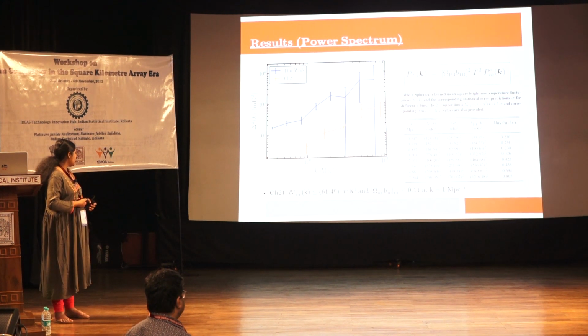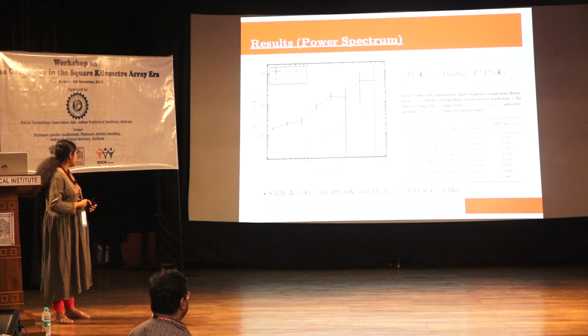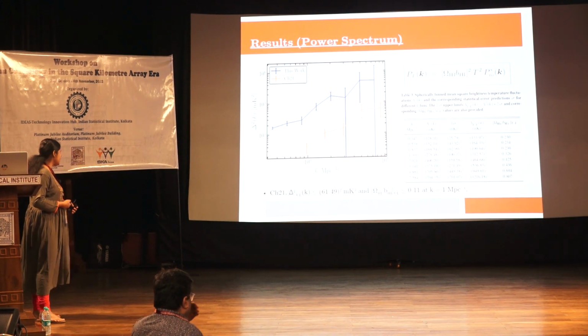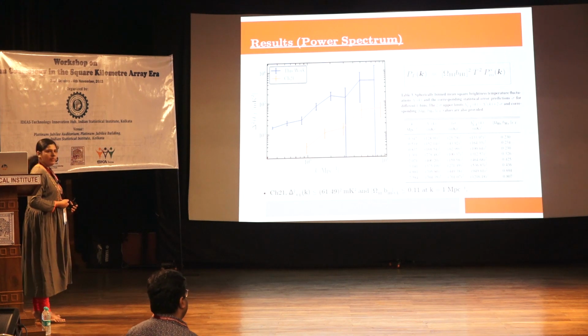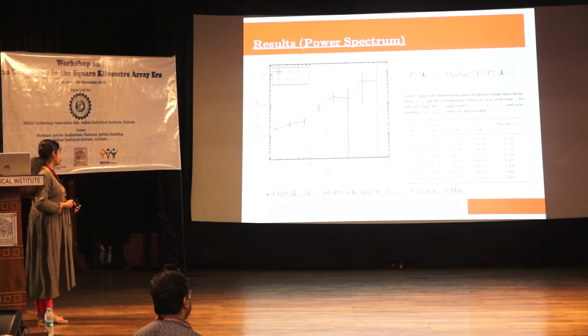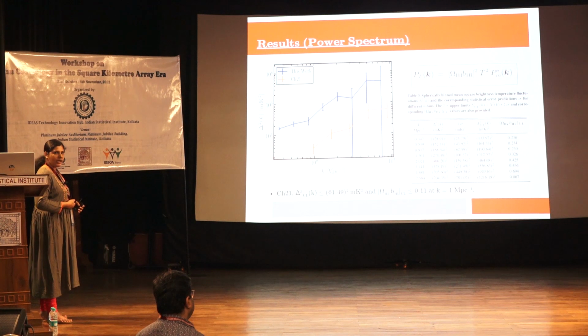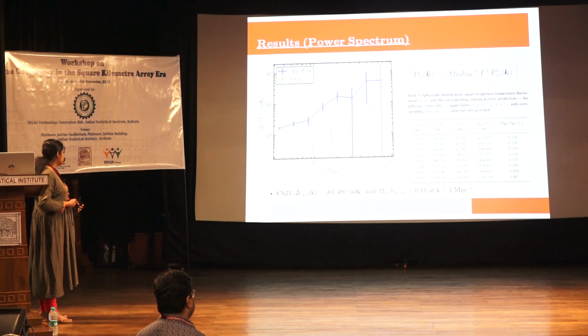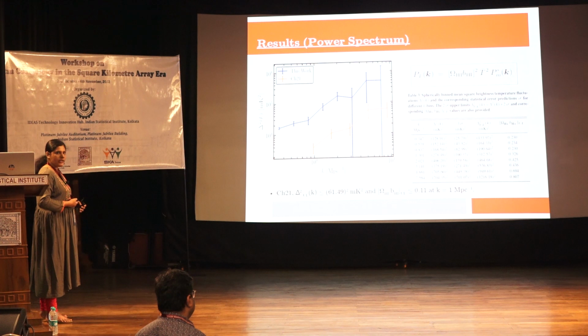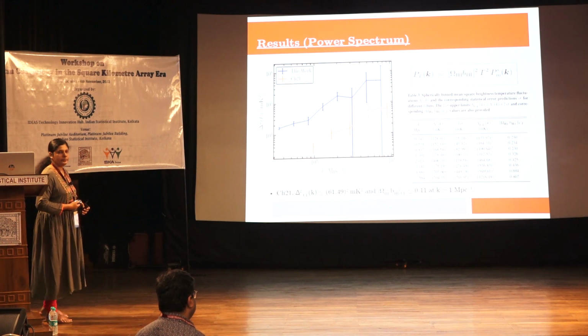What we understand is that they used around 8 megahertz of bandwidth, but we are using 24.4 megahertz of bandwidth. Because of this, where the baseline density is higher, we see that the error bars are lower. However, we think that because the baseline density is not that high at these K points, that is why we are getting these bigger fluctuations.